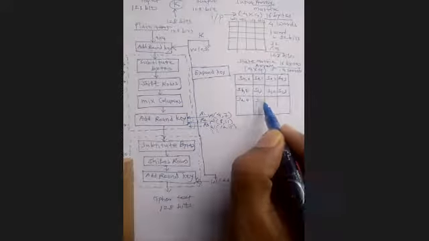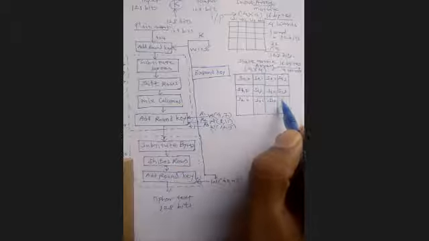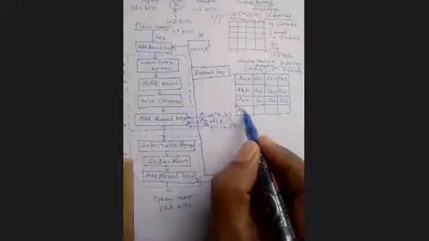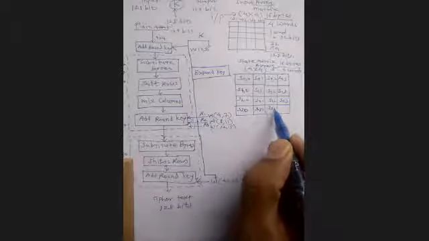Okay, here 2,0, 2,1, 2,2, 2,3. Okay, then 3,0, 3,1, 3,2, 3,3. Okay, this is the last element.